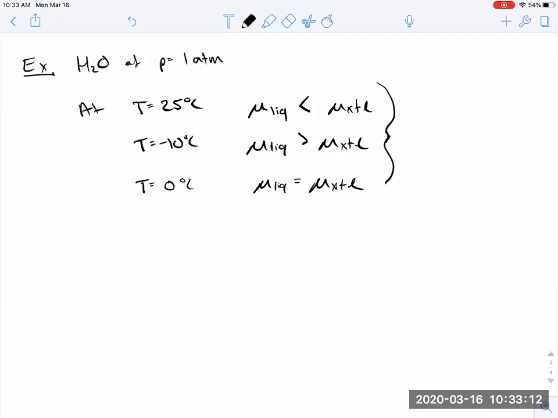Now, we were just manipulating the chemical potential by changing the temperature. So it's important to be able to ask, what do these chemical potentials as functions of temperature and pressure look like?